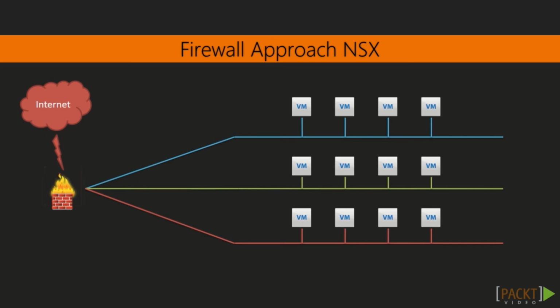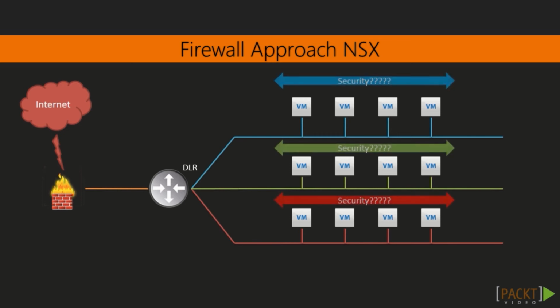As we move further in NSX, and what you have seen in the past videos, is that we have something we call a DLR. We can connect the DLR to a physical firewall. But using a DLR does not add any security to the infrastructure, because as we already know, routing does not imply security.